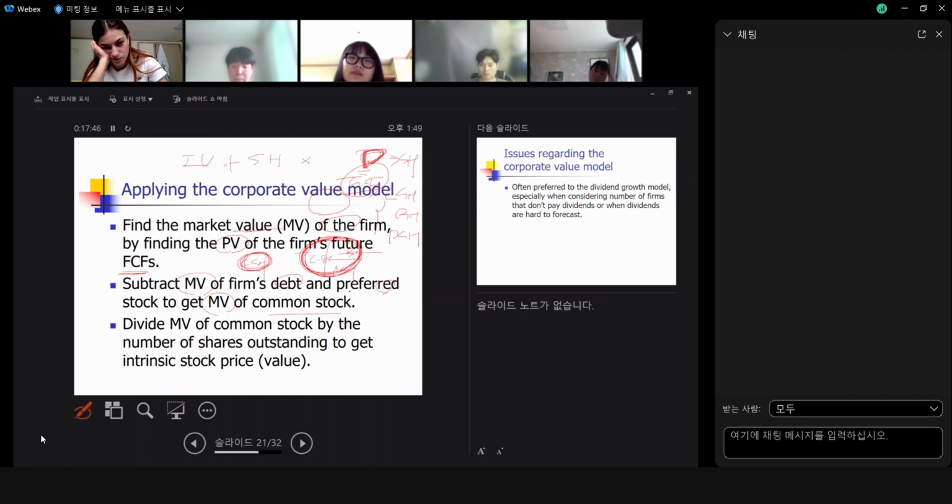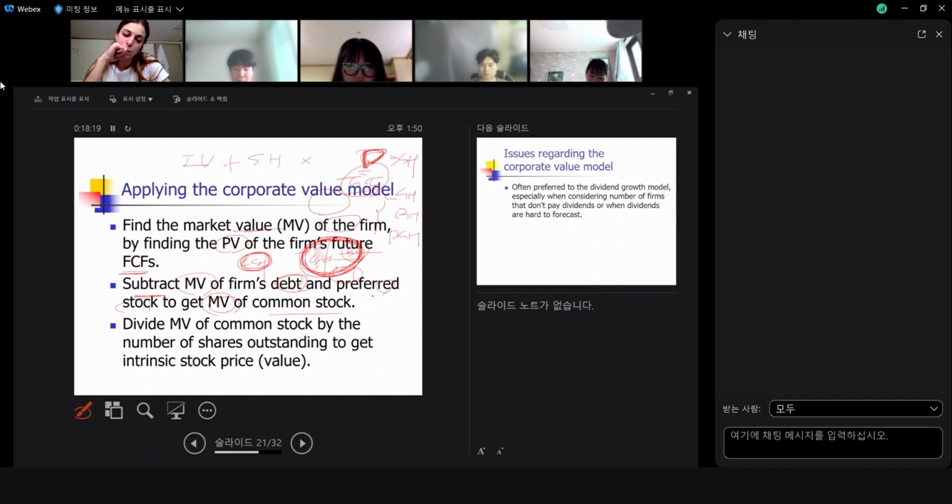Okay, so to calculate the intrinsic value of the stock, we need to subtract the bondholders' value and preferred stockholders' value out of the total entire firm value, right? So we need to subtract the market value of the debt and preferred stock from the entire firm value to get the market value of common stock.